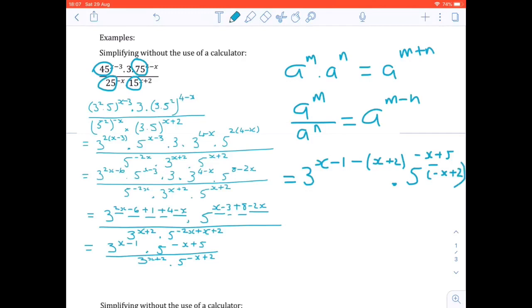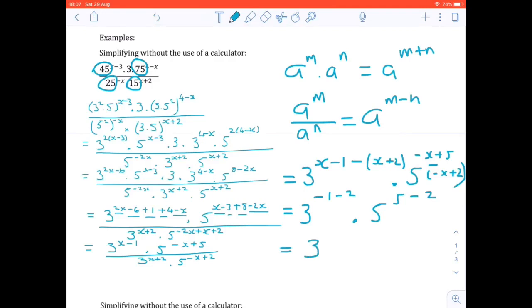And now we're going to neaten that up again. So 3 to the x minus x, the x's fall away. It's minus 1 minus 2, times 5 to the minus x plus x, the x's fall away. We're left with 5 minus 2.